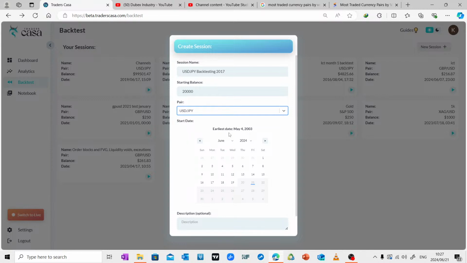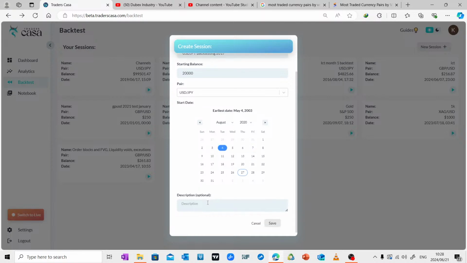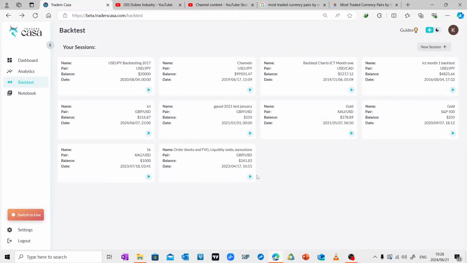Then the pair is USDJPY. Then start date, let's take 2020, August, the 4th of August. And then the description is just ICT backtesting. And there we go. We created our item.